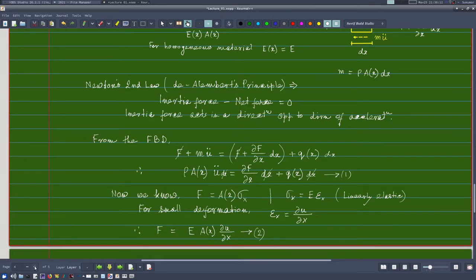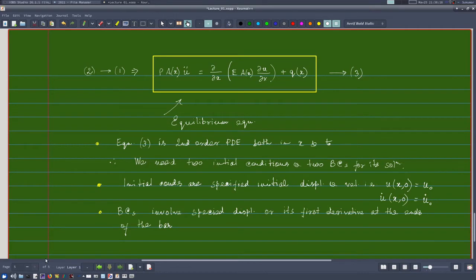Then by using these values in the equilibrium equation, I find that the equilibrium equation is given by rho A(x) u double dot equal to del del x of E A(x) del u del x, plus Q(x). Now you see this equilibrium equation is a second order partial differential equation both in time and in space.